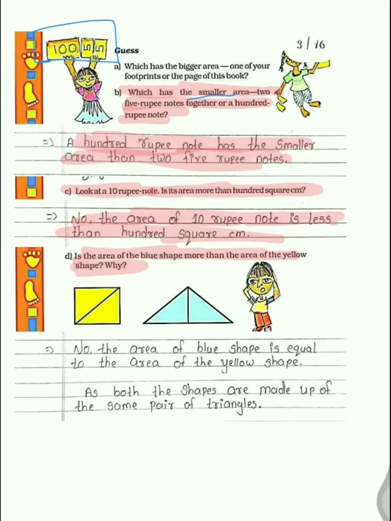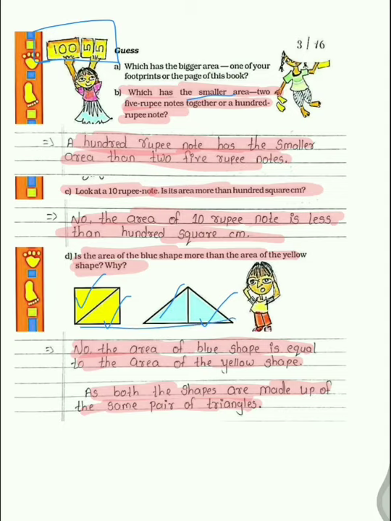So as I explained to you, our answer will be what? No, the area of the blue shape is equal to the area of the yellow shape, as both the shapes are made up of the same pair of triangles. Getting it or not? Means this one, this one, this one and this one.